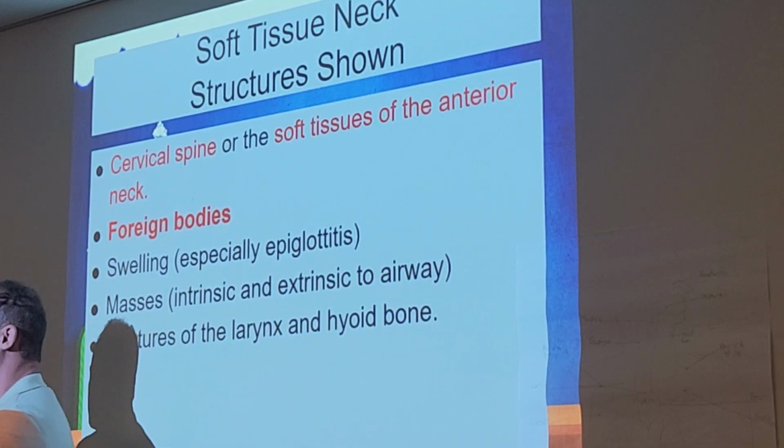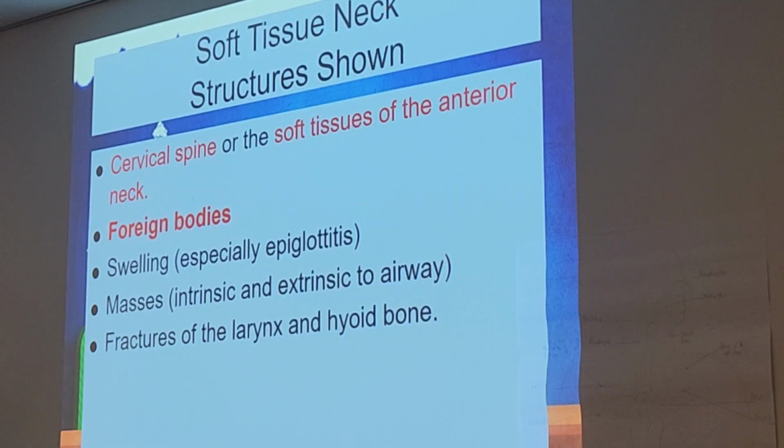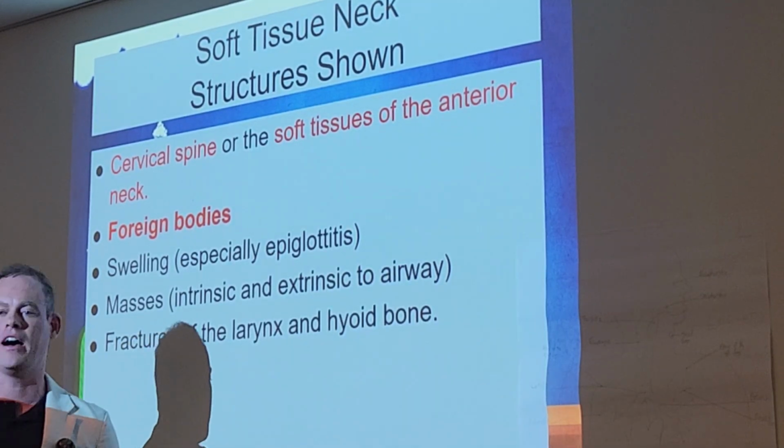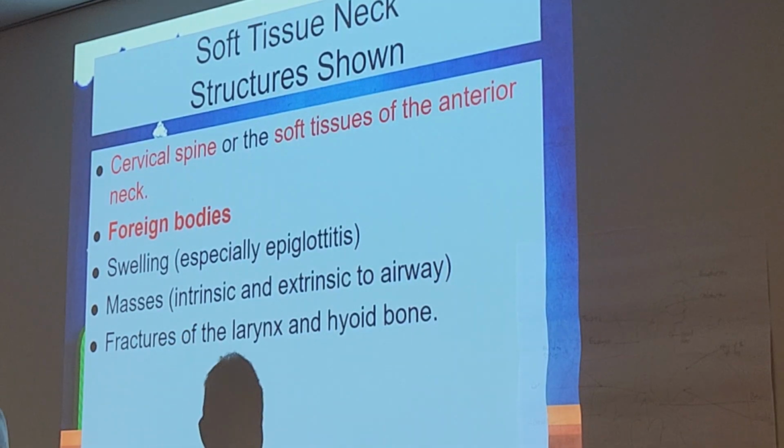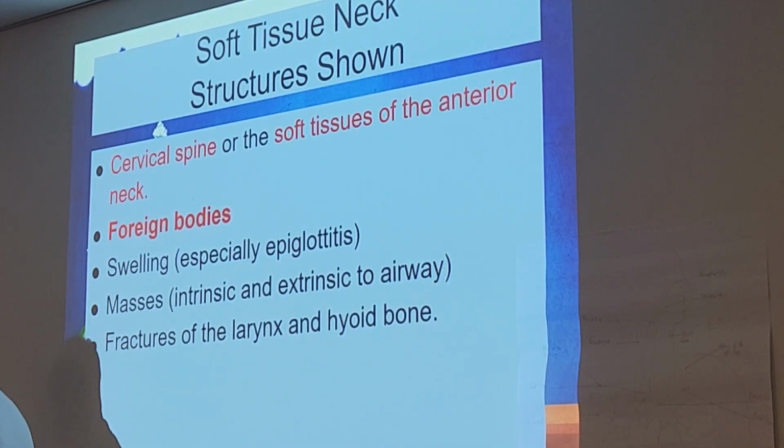And by the way, the swelling can cause a stricture if it overswells, masses, and actual fractures of the larynx and the hyoid bone would be other reasons, but the least likely that we'll see. So number one reason, of course, is foreign bodies. But those other three are other reasons we may need to do a soft tissue neck, as you've probably seen on the orders when they come in at the clinic.